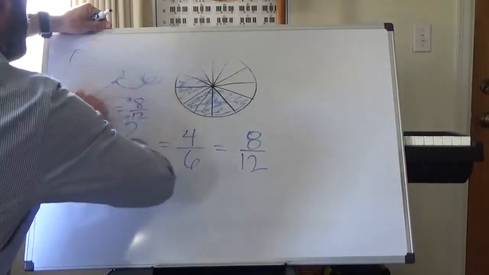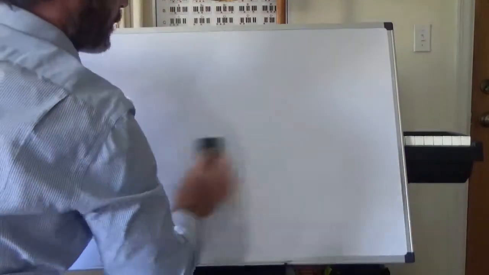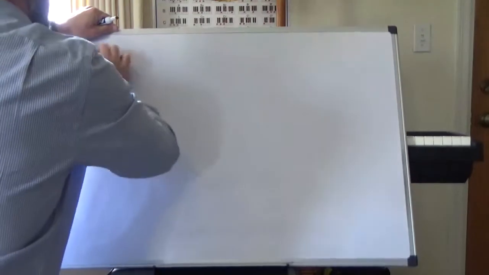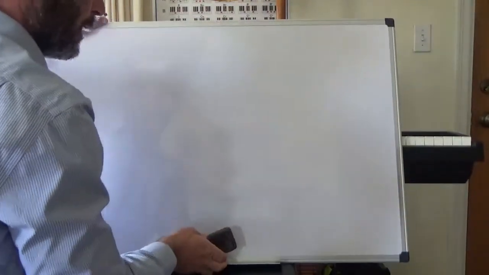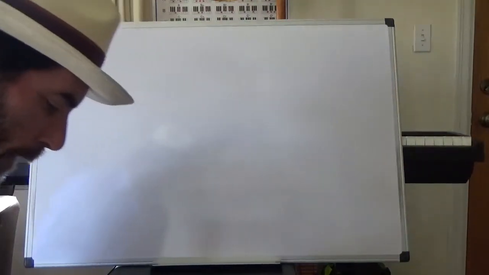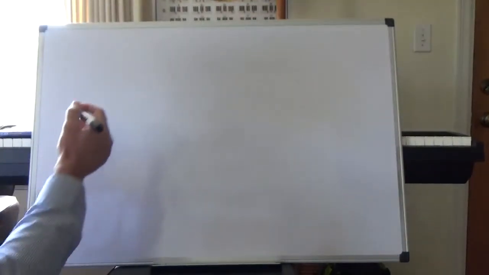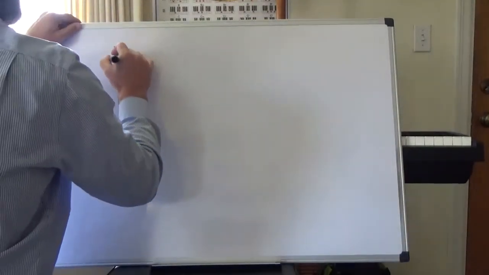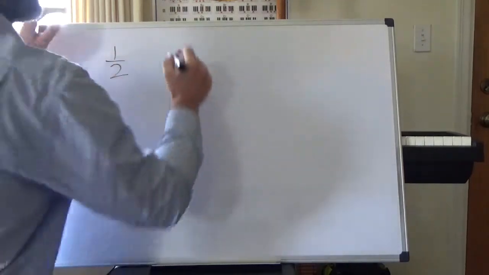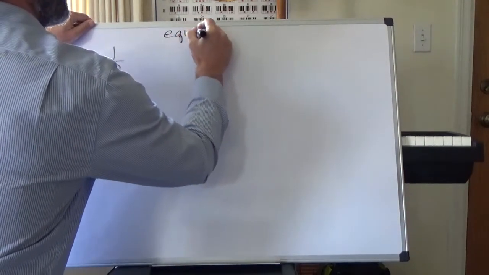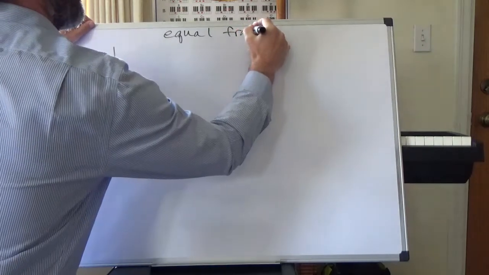This is always going to work, and we draw simple shapes to help people understand and help us understand what we're seeing, or a different way to think about it. But let's do a few more where we use multiplication to create an equal fraction.